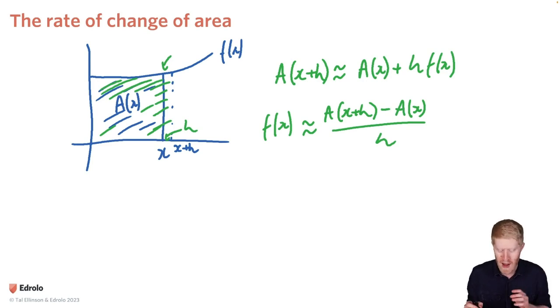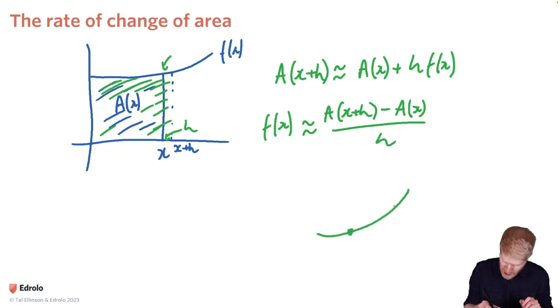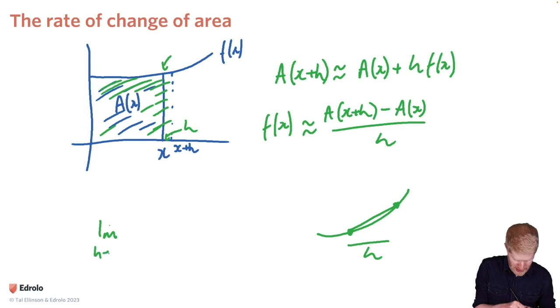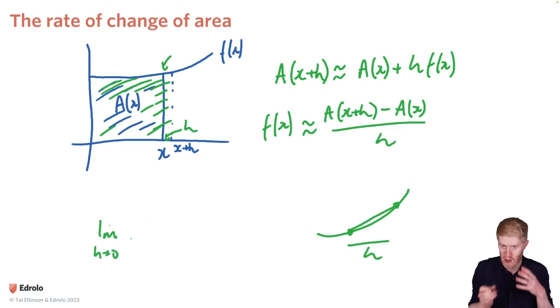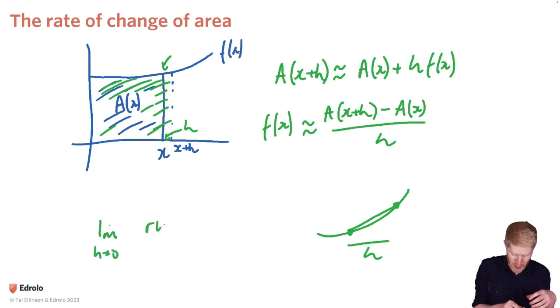Now, we can tell that this statement is going to get truer and truer the smaller h gets. Just like with derivatives, if you want to find the gradient of the line between two points, you say the gap between them is h, and we take the limit as h approaches 0 of the rise over the run, y2 minus y1 over x2 minus x1.